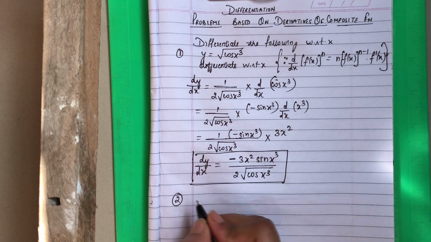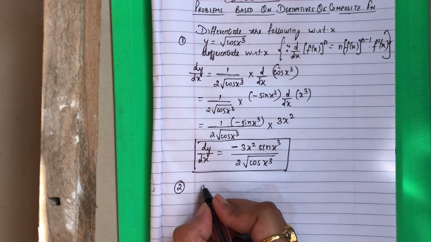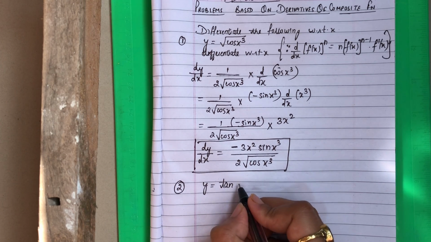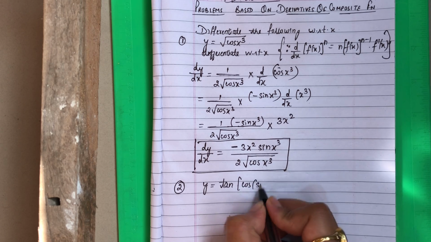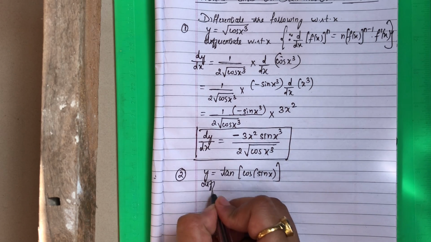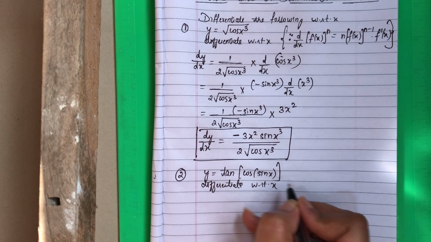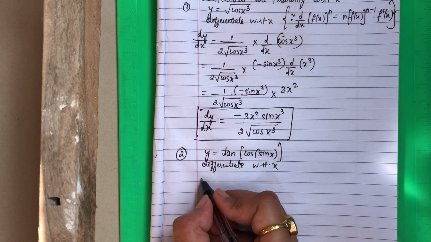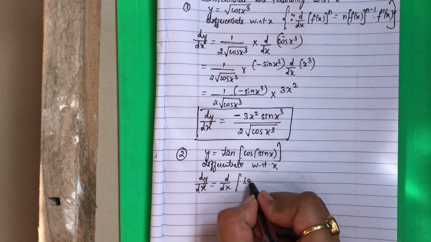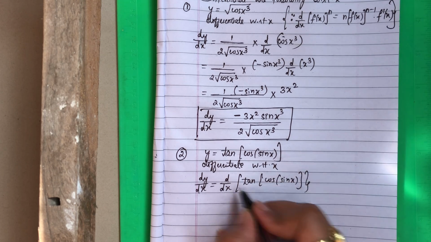So taking one more example, let's take y is equal to tan(cos(sin x)). So differentiate with respect to x. So first of all we need to differentiate. dy by dx is equal to d by dx of tan cos sine x.